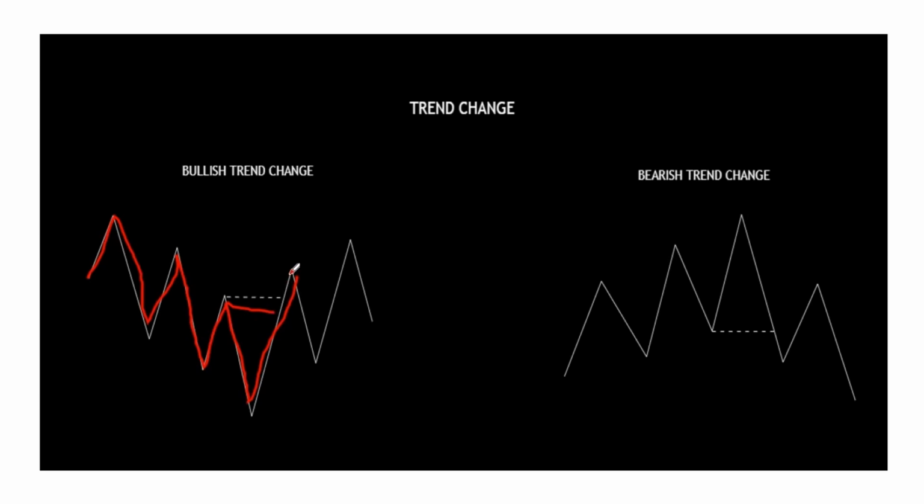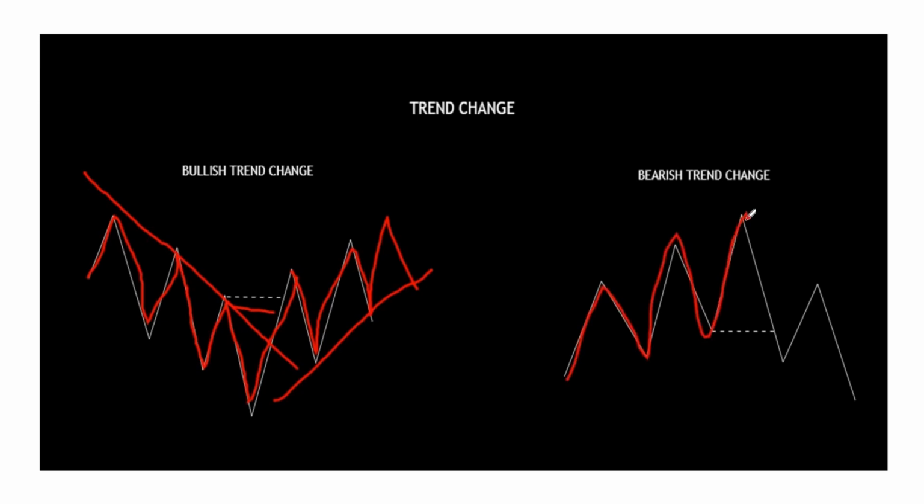And price sustains that break and starts to form a bullish uptrend, right? So now we've broken past this downtrend and now we're forming an uptrend. That is essentially a trend change. So it's not like the case where you get a temporary break, and price actually sustains in this case. It's the same thing with the bearish trend change, where you have an uptrend, then all of a sudden, whoosh, we break and it sustains, right?